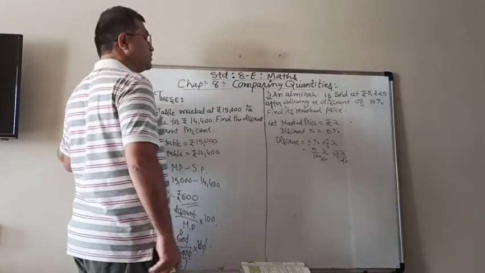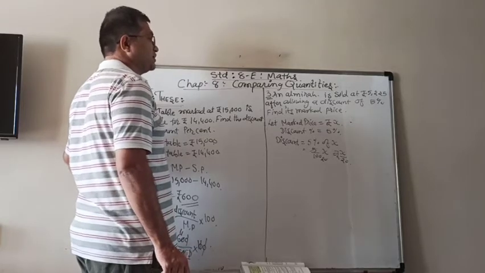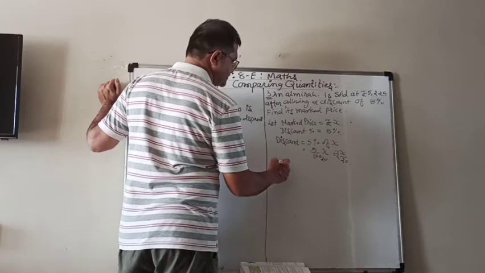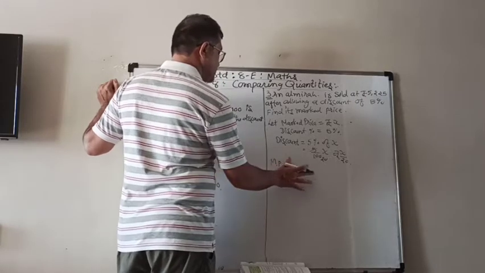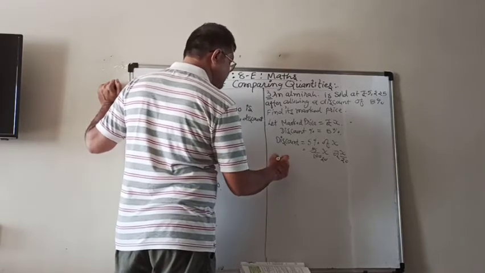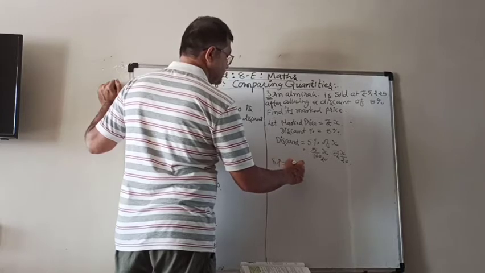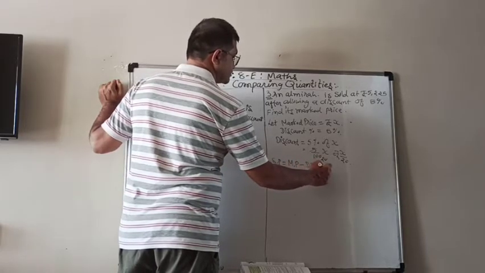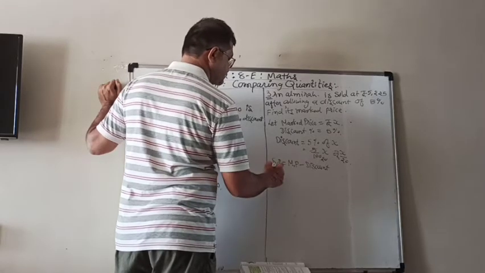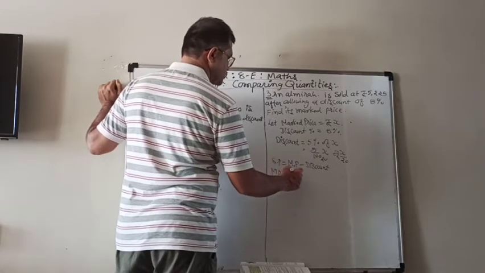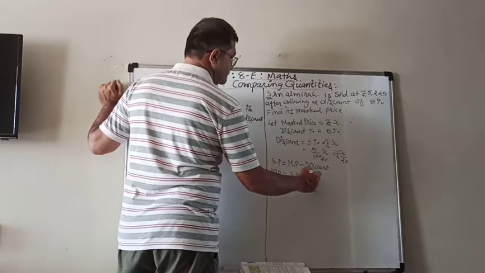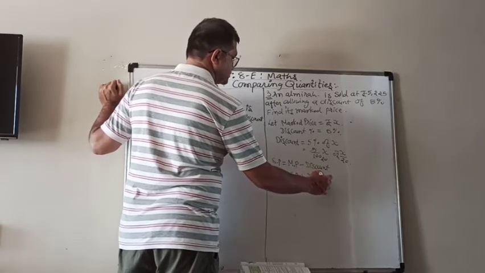So here discount is rupees X upon 20. Now we have to find the marked price. We know that sale price is marked price minus discount. But we have to find the marked price, so marked price is equal to sale price plus discount.